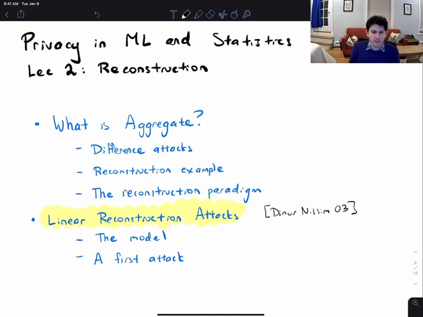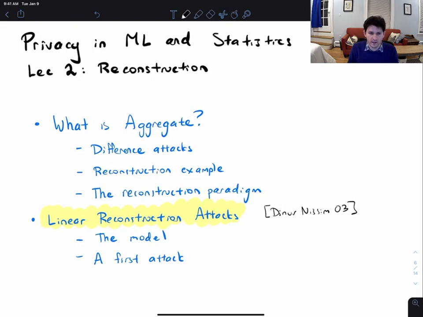So the reason we're going to study linear reconstruction attacks is a couple of things. One is that this is a nice mathematical model that lets us prove that the reconstruction attack will be successful. Another reason is that reconstruction attacks that are linear are often robust to noise in the answers we're given.